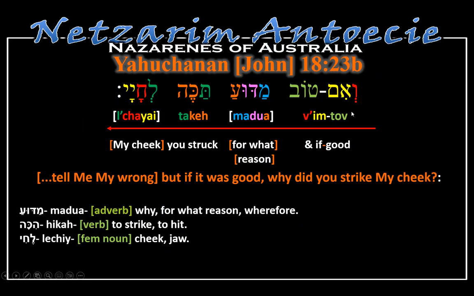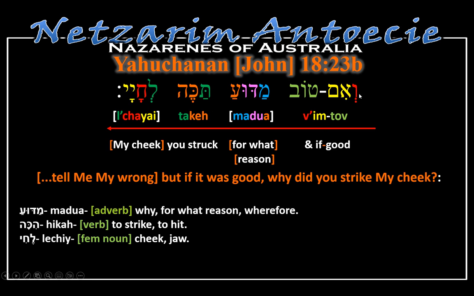And then we have 23b, which has a vav, an aleph, a mem sofit, a tet, a vav, and a vav, yod, mem, dalet, vav, ayin, tav, kaf, hey, lamed, chet, yod, and yod.